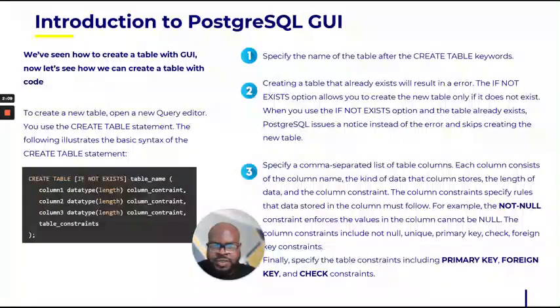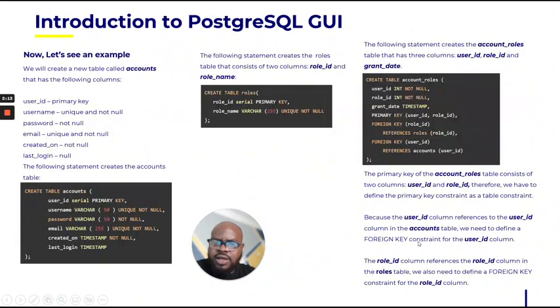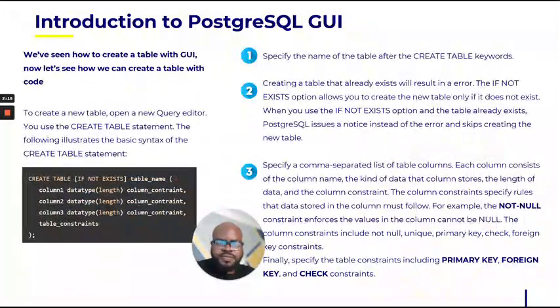So also we know our table contains rows and columns. So we have to specify all our columns in our table. So my table is going to have some number of columns, right? So you have to specify a column, the data type of that column, and column constraints.